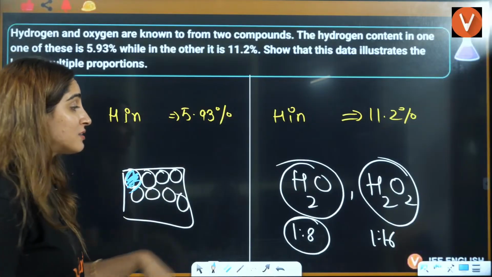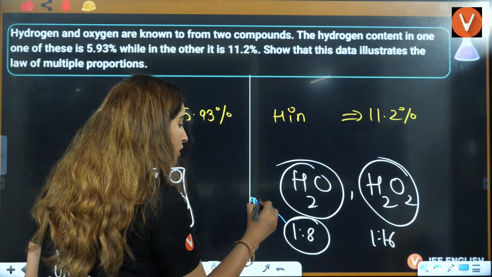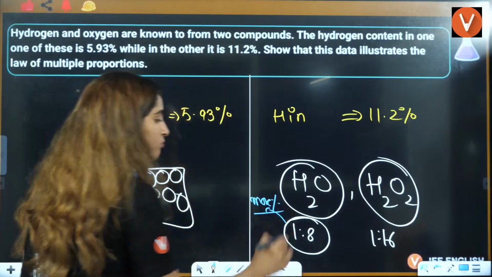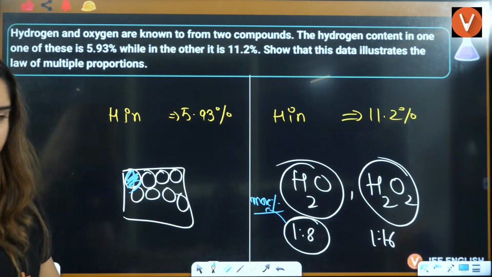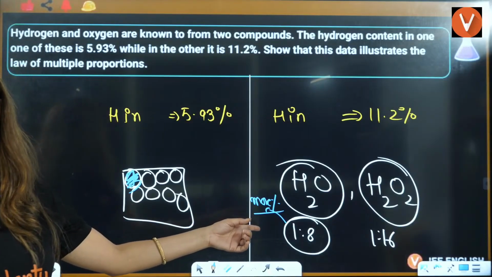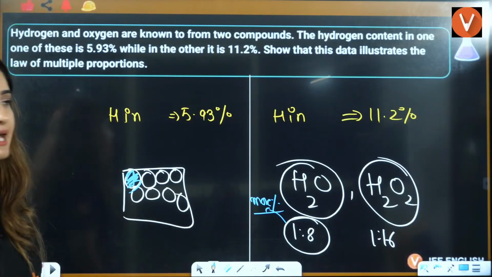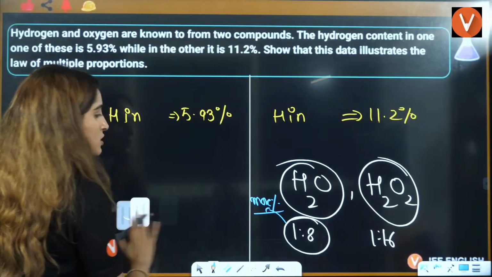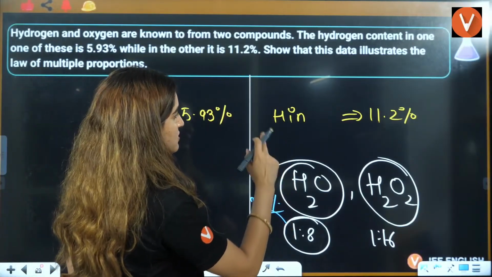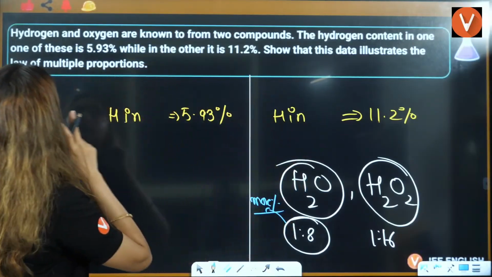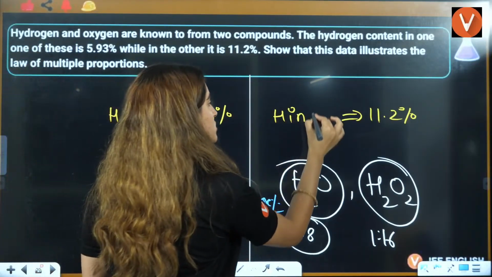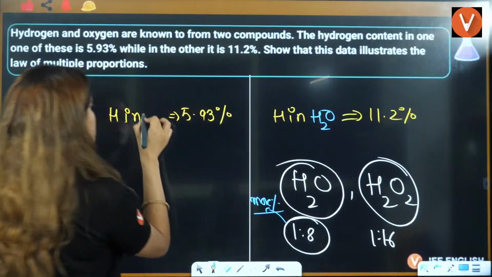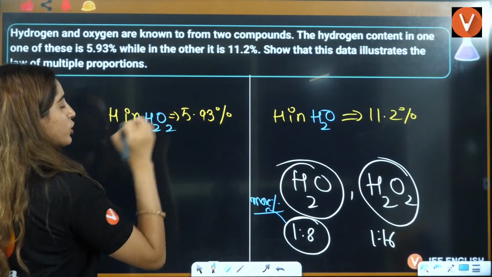That means this has more percentage of hydrogen, isn't it? Right, everybody? So hydrogen content in one of these is 5.93 and in the other is 11.2. So this is hydrogen in H2O2, this is hydrogen in H2O.